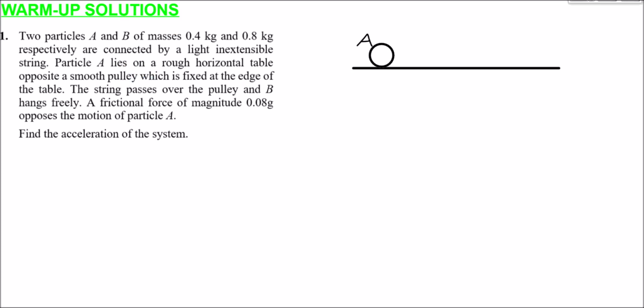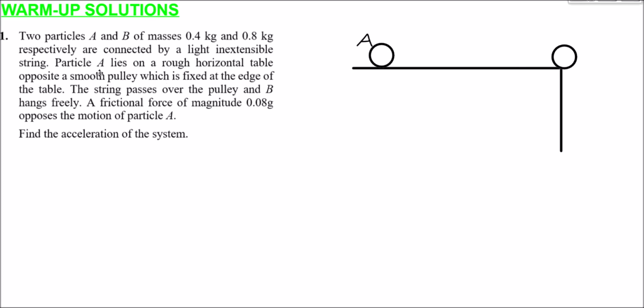So an edge of a table means it's about to fall off, so this could be the edge of the table. We're told that the pulley is opposite to A, so if I just do the pulley, which will be circular, just opposite to A, dangling over the edge like so.